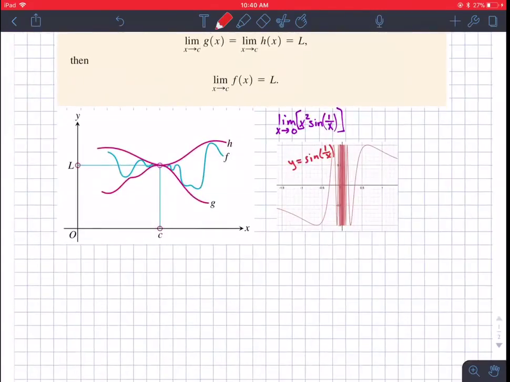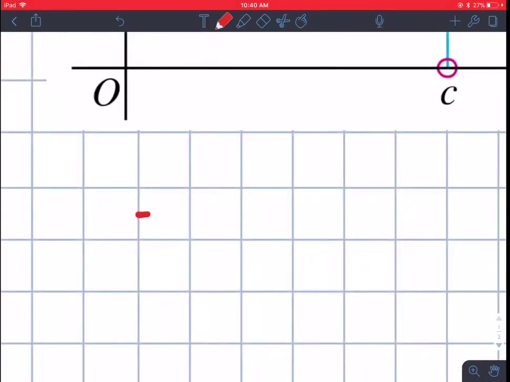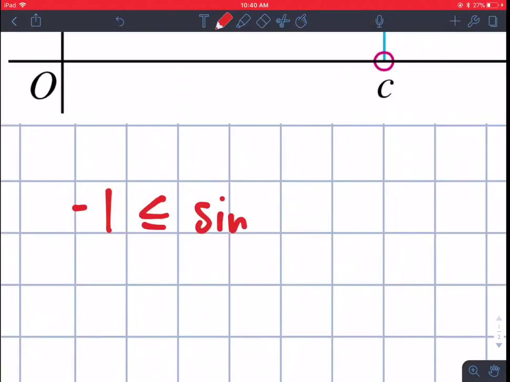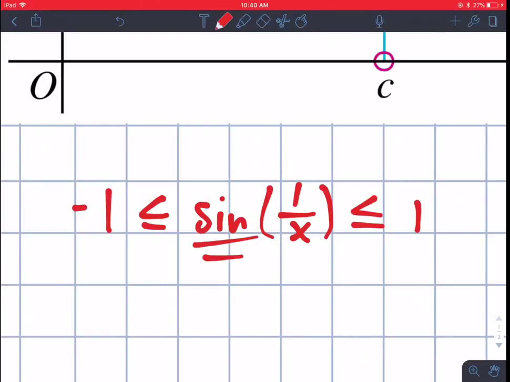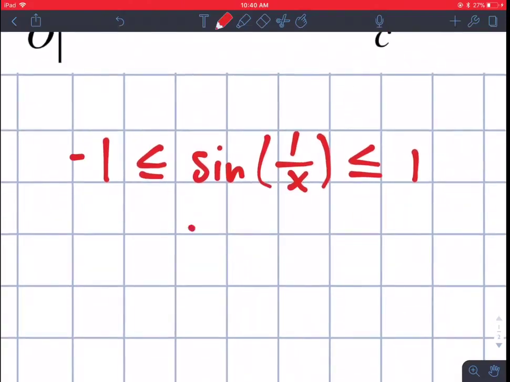Here's how we can use the sandwich theorem to help us. First, we want to come up with some inequality. It is true that sine of 1 over x is always between -1 and 1, because the range of sine is -1 to 1. It's never going to be bigger or smaller than that unless we adjust the amplitude by putting a number out in front. Now that we have that, I'm going to multiply everything by x squared.